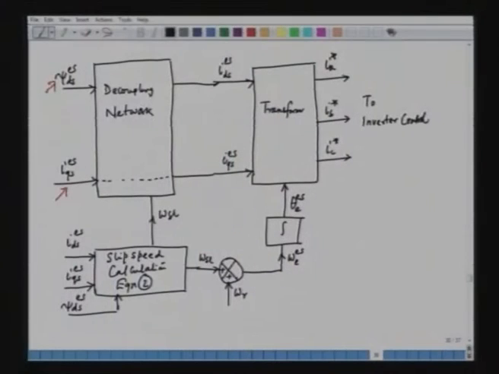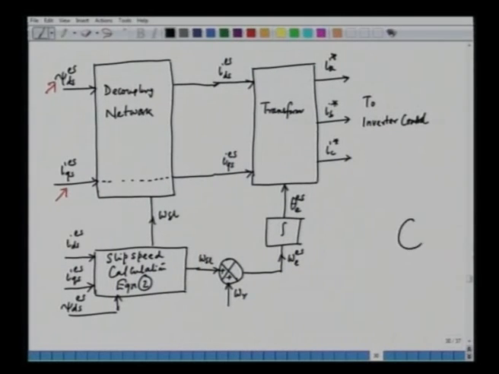So, here what we have is inverter control. We can use a voltage source inverter. We can have an induction motor here, and these are the 3 different phases of the induction machine. So, this inverter will impress this IA star, IB star, and IC star to the 3 phases of the machine. They are phase A, B, and C.